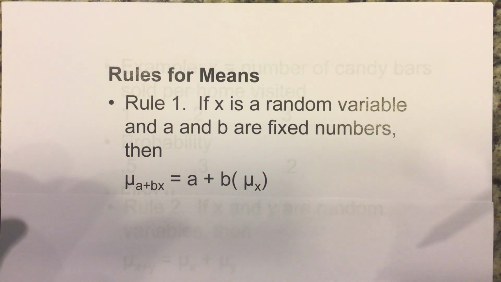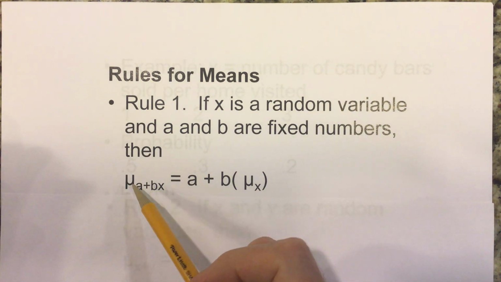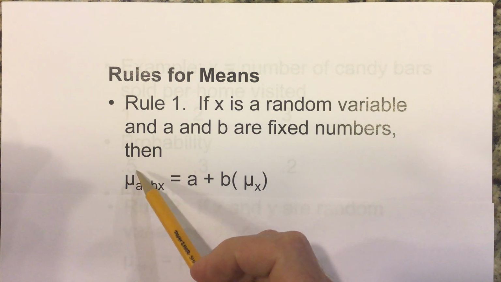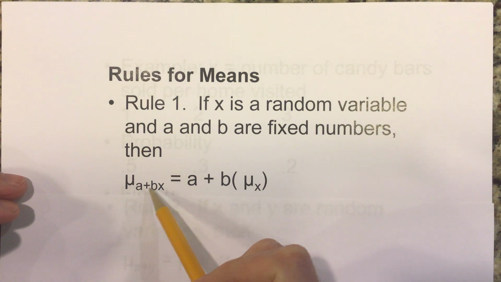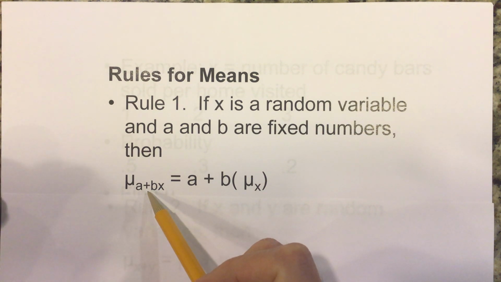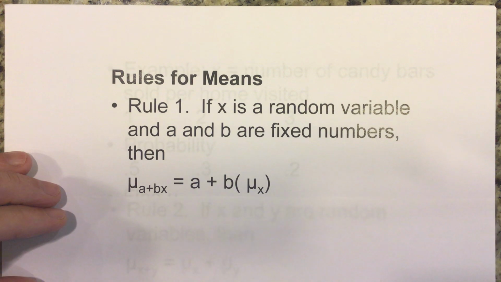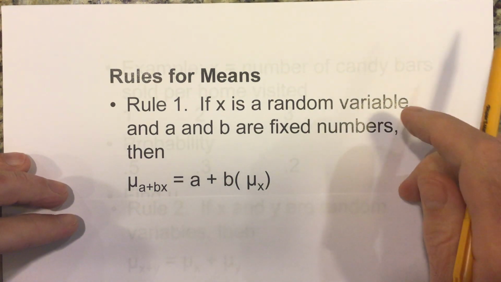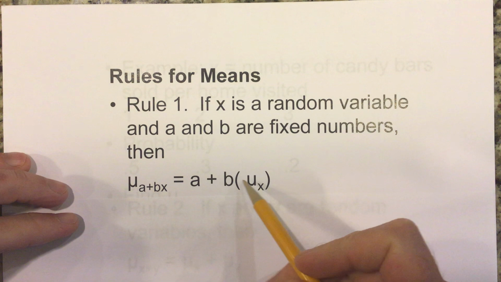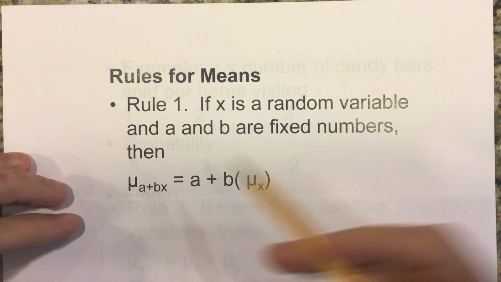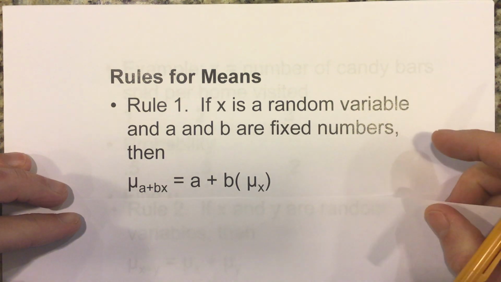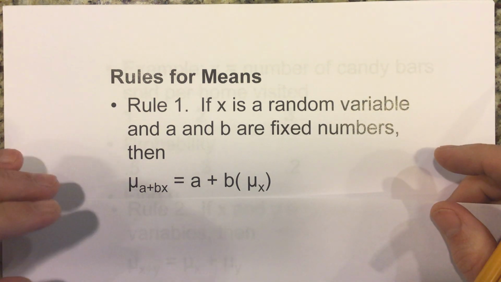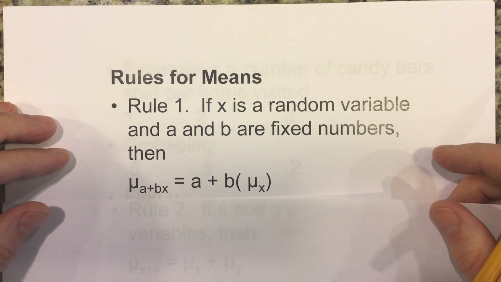If x is a random variable, and a and b are fixed numbers, constants, then if I take the mean of our random variable multiplied by something and then added something to that, I can just take the mean of the random variable multiplied by the multiplier and add it to the same constant. We'll illustrate this in an example in a minute, but we talked about this in a previous chapter. Hopefully it's ringing a bell.